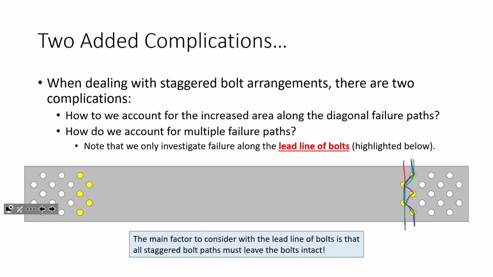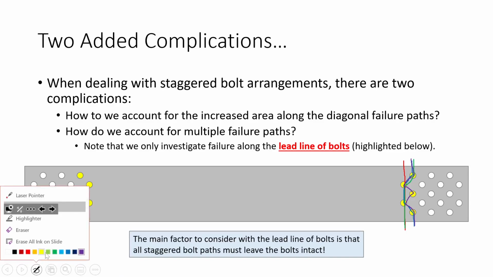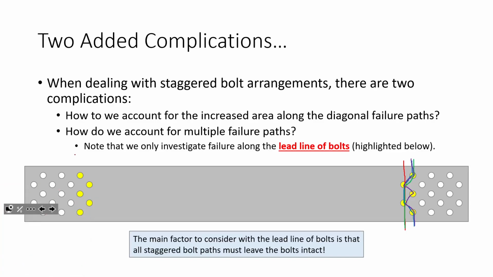It doesn't matter which path that we're looking at. If we're looking at the red one, the blue one, the green one, the purple one, they keep the bolts intact. So if I take here and I yank, if I fracture on this path, I leave my bolts intact. Okay? If I fracture along this path, I leave my bolts intact. Now, just for the sake of discussion, let me ask you a question. Let's say that I fracture along that path.